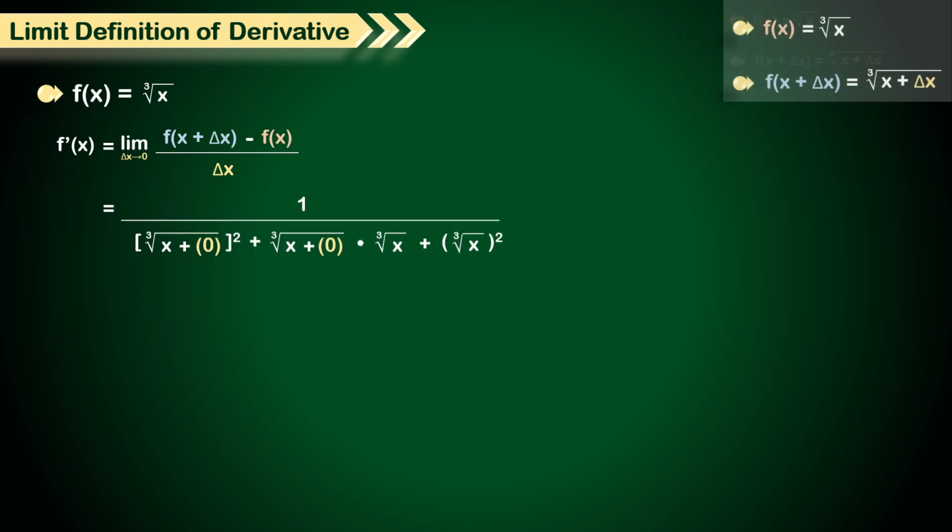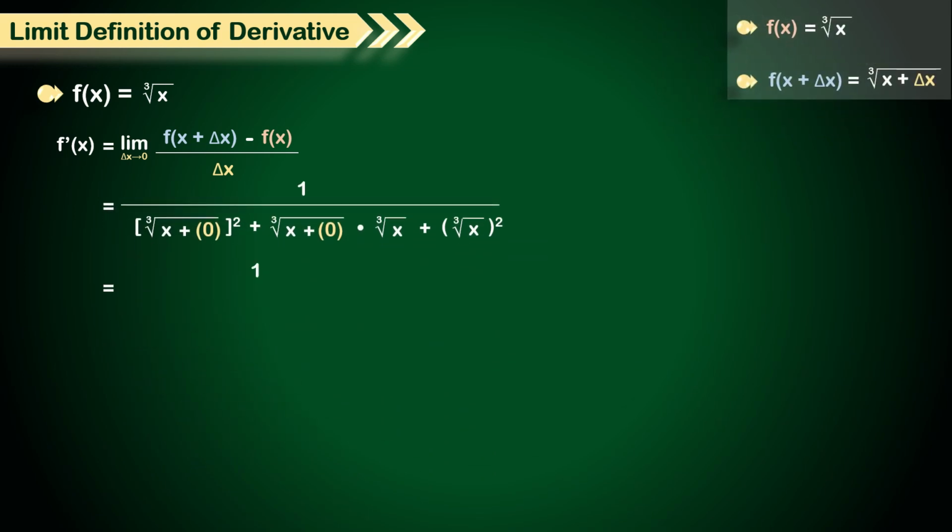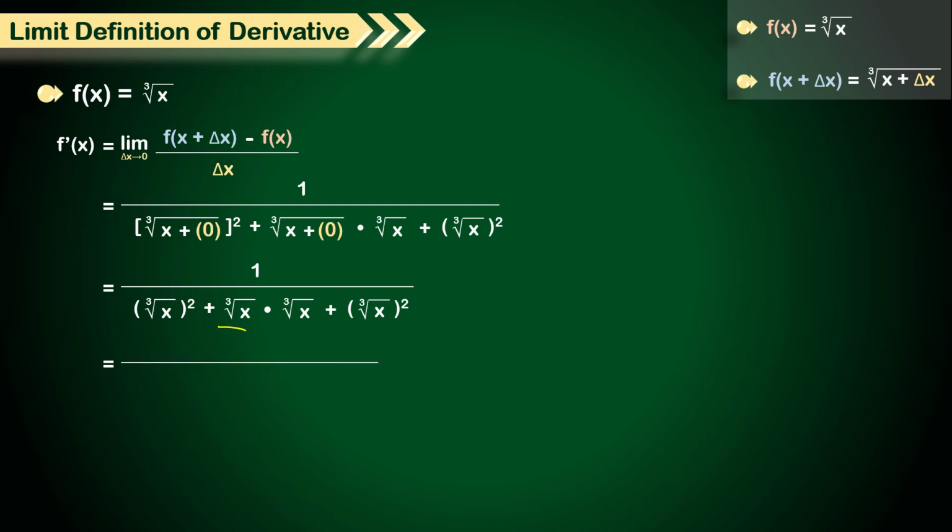Simplify. 1 over the square of the cube root of x plus the product of cube root of x and cube root of x plus the square of the cube root of x. Simplify. Get the product of the second term of the denominator, which is the product of cube root of x and cube root of x, and it is equal to the square of the cube root of x.